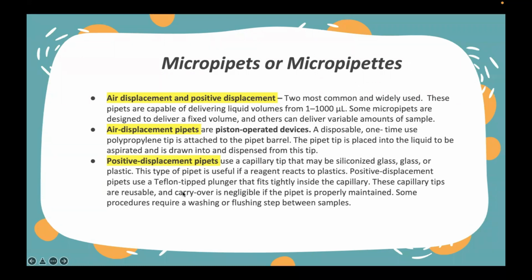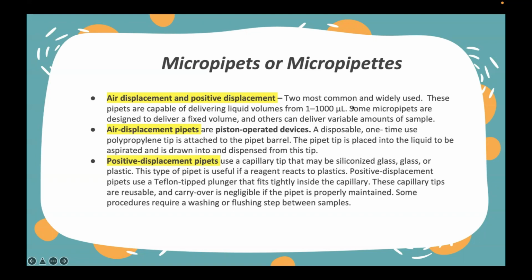So, your micropipettes can be spelled as micropipette with single of everything, pero mostly ito yung ginagamit nating spelling, the micropipettes. We have the two most common and widely used micropipettes, the air displacement and positive displacement. Again, the two most common and widely used micropipettes inside the laboratory are air displacement and positive displacement. These pipettes are capable of delivering liquid volumes from 1 to 1,000 µL.